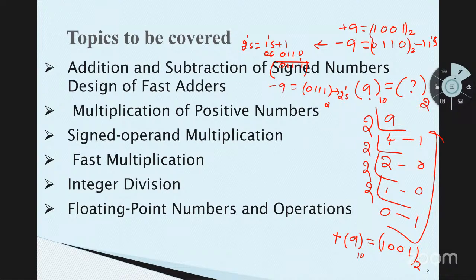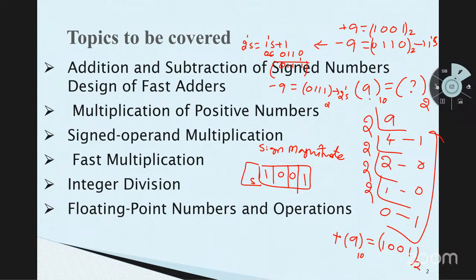And one more representation is there, that is the sign magnitude form. The value of 9 is 1, 0, 0, 1, and this extra position we are using for the sign bit.